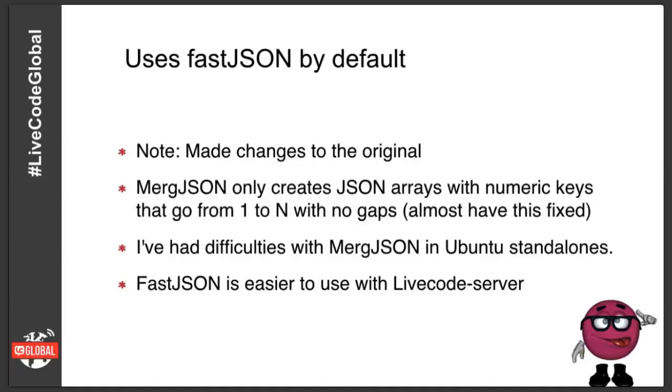There are three main reasons why I recommend using fastJSON over the built-in functions. For starters, mergejson only creates JSON arrays where the numeric keys are sequential starting at 1. So if there's a gap, it will not create a JSON array. So I've been working on it from my end, trying to make it more compatible.